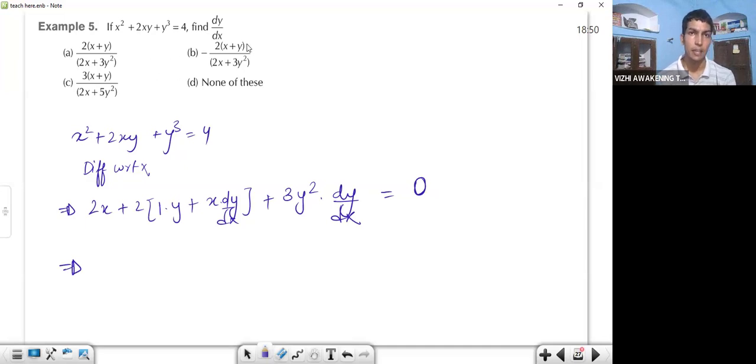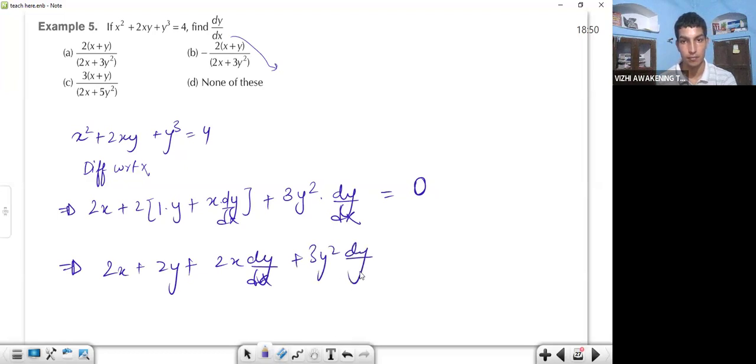As we have to find out dy by dx here, we will take dy by dx on one side, and other variables will remain on the remaining side. So let's further simplify it. Let's bring the remaining values, other than those attached to dy by dx, to the right hand side, 2x minus 2y.